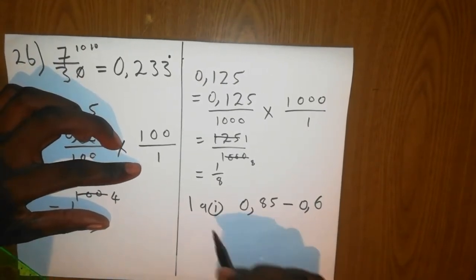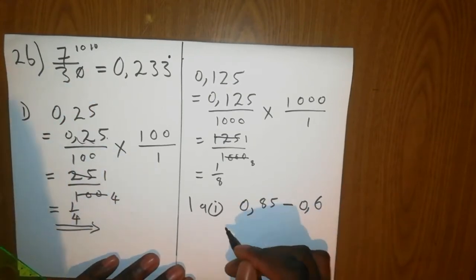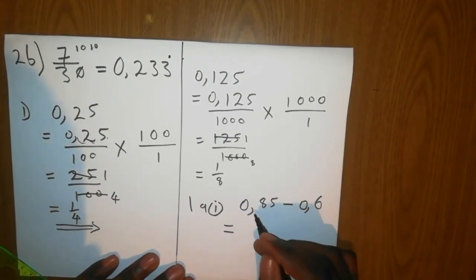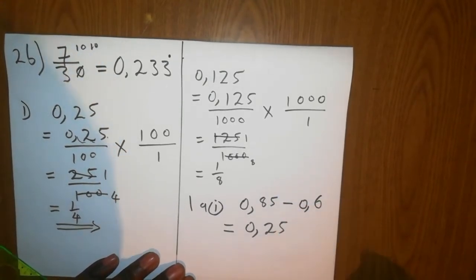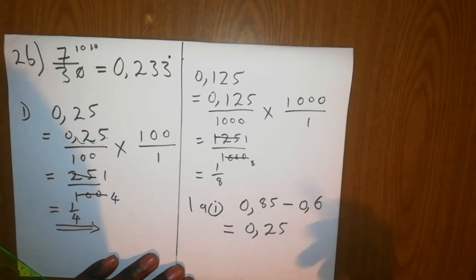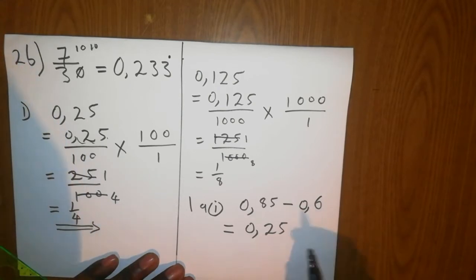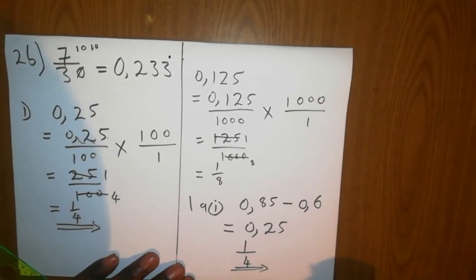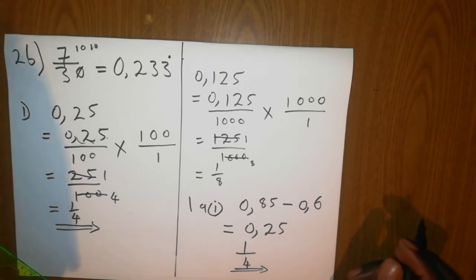So in this case, you were using your calculator, then your answer was going to come out as 0.25. Fine. Then you convert this 0.25 into a fraction. I think we have done it before. So your answer is going to come out as 1/4. That will be your final answer. That is the first approach of dealing with decimals.